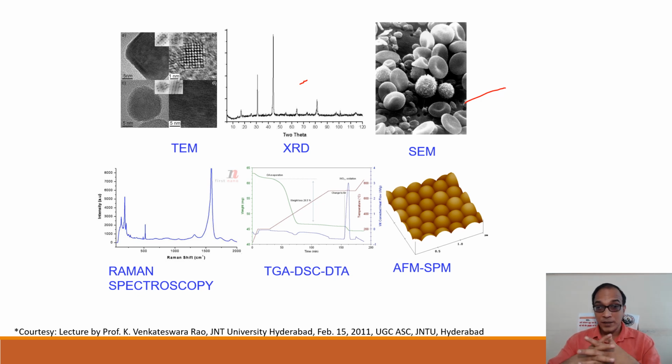Raman spectroscopy also provides various vital information. In thermal analysis, we can see the change in the endothermic peak, and depending on that, we can see what is going to happen in the nanoparticle formulation. And with AFM, a close in-depth analysis can be done.